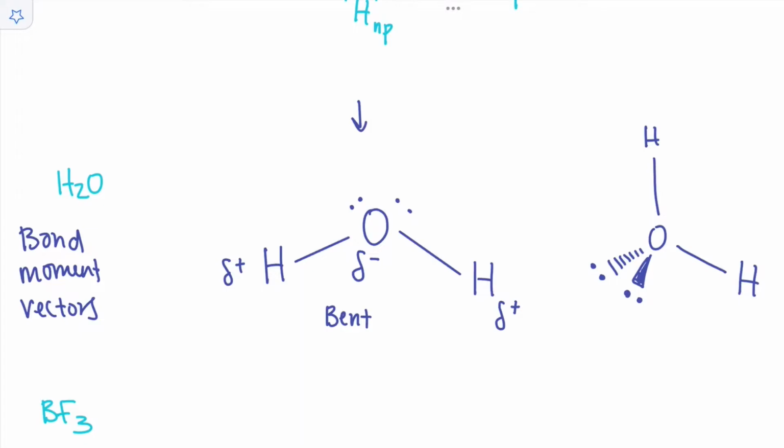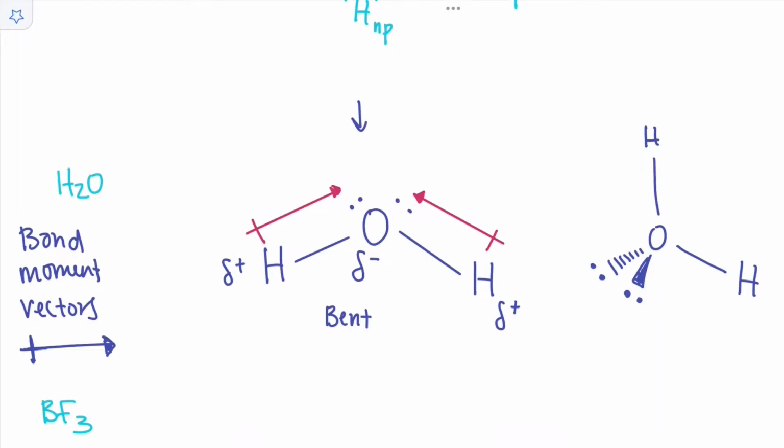They show the direction of the negative charge. So it looks like this, with the arrow going towards the negative and the plus sign of the line going where the positive is. When I draw that for my water molecule, the plus goes at the hydrogen with the arrow going towards the oxygen. And that looks the same on the other side. And those are my bond moment vectors.